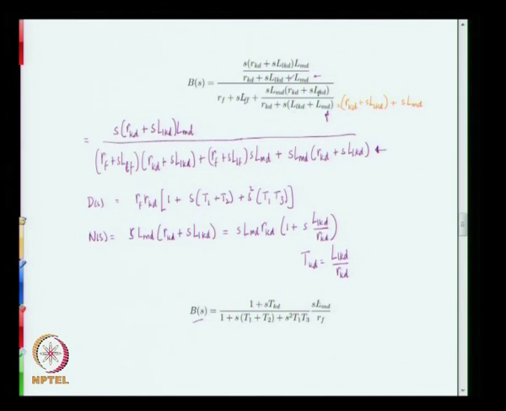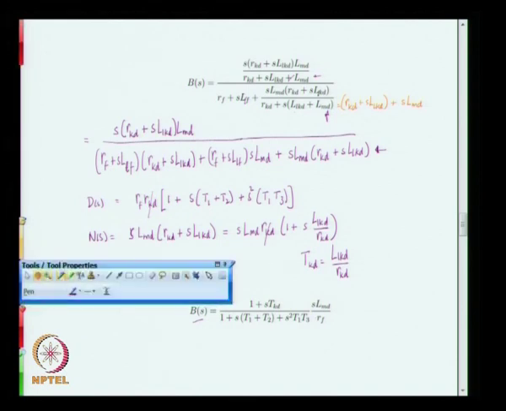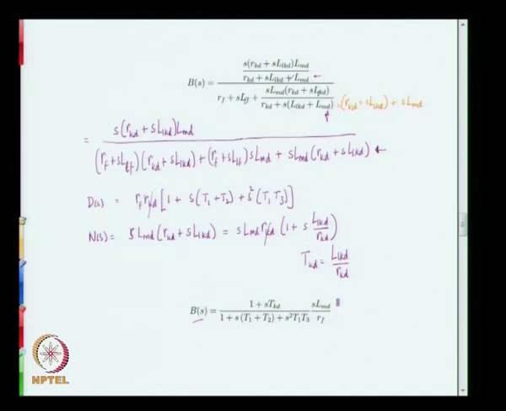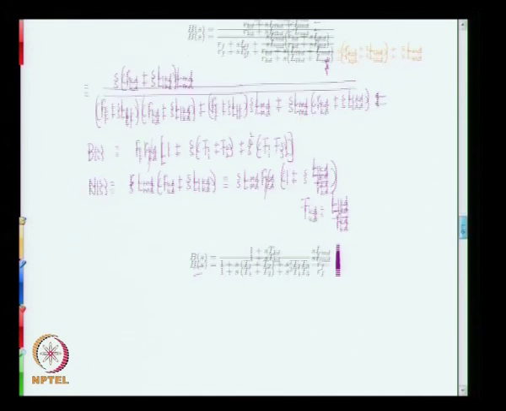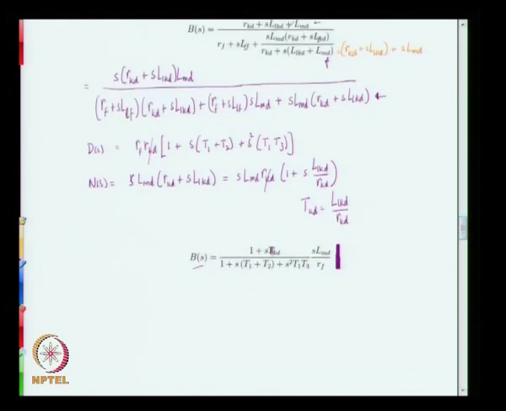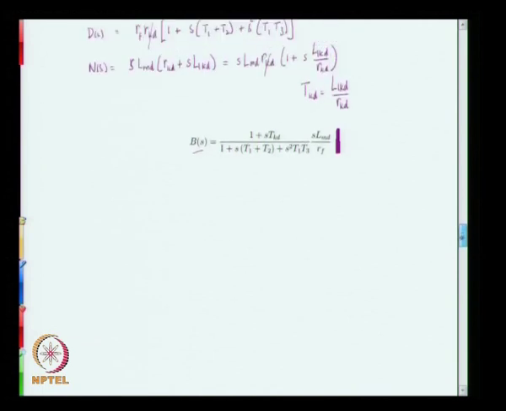On the denominator you have RF RKD, and this RKD cancels with that RKD, and therefore, what we are left with is SLMD by RF. And therefore, the expression B of S now looks like this: a first order numerator by the same second order denominator, and a first order numerator multiplied by another S term. So, this is as far as the D axis is concerned.